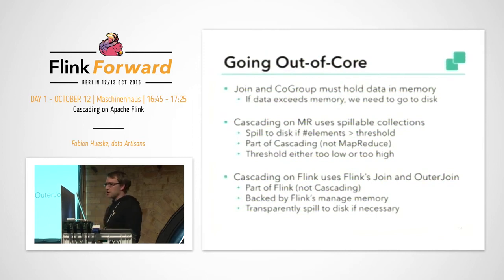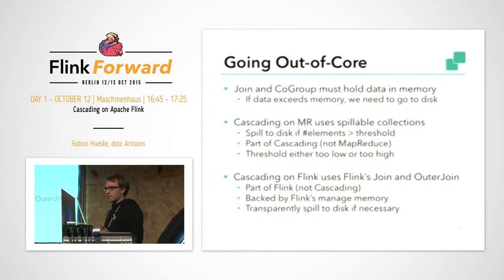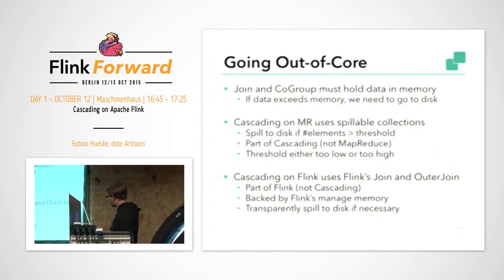And all of that basically happens automatically. You don't have to configure any thresholds for when the system should start to do that. You just configure the amount of memory that should be available for Flink when processing data, and then Flink will assign memory to operators and also take care of what happens when you run out of memory.